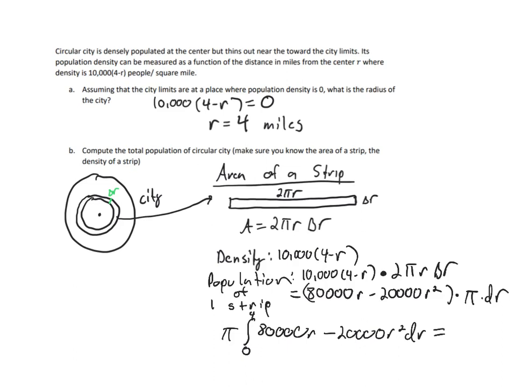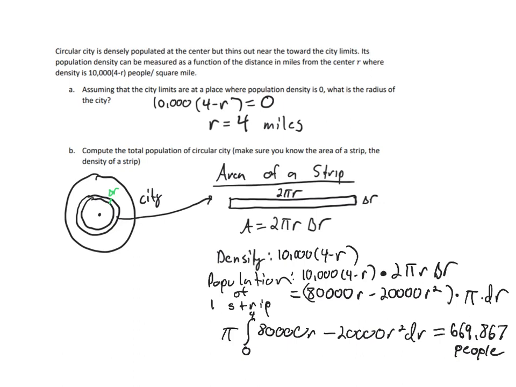But if you use your calculator and compute this and then multiply it by pi, you'll get 669,867. I'm going to round to the nearest person because we're talking about people. So in other words, we're saying there's 669,867 people in this city.